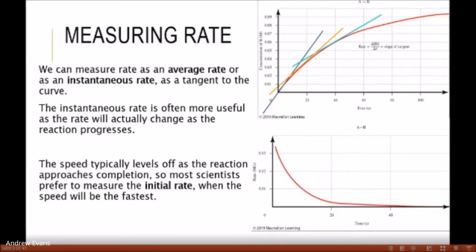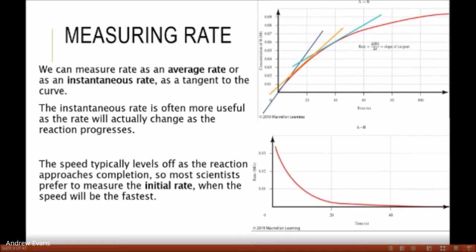So oftentimes we are going to want the instantaneous rate, which is the tangent to the curve. This is where we get into the calculus. Tangent to the curve is a line that only touches the curve in one spot. And so it's the most accurate representation of a slope at that given instant.